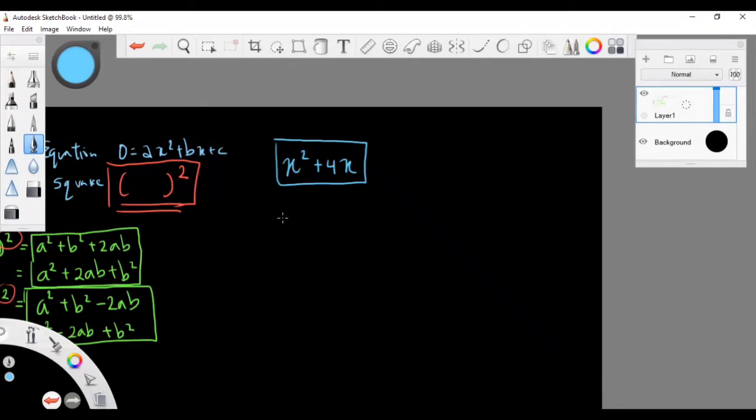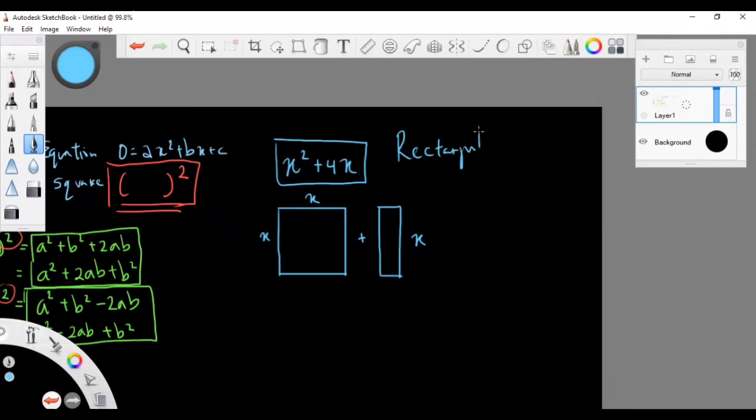I have x squared, a square that has a side of x, and I have plus 4x, which has the same length x. This is the rectangular to square model, the easiest way to understand the basics of completing the square.